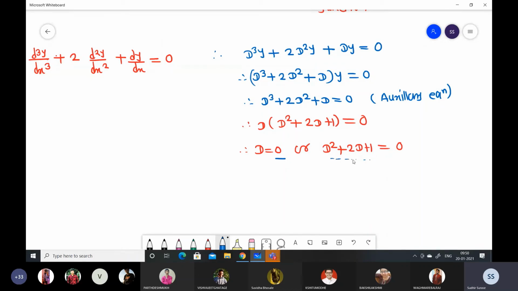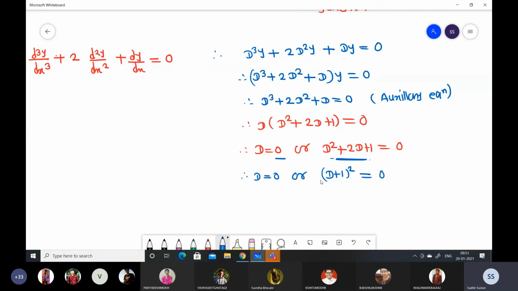Now can you tell me how to solve this further? Now I can see this is just the expansion of d plus 1 whole square, right? d square plus 2d plus 1 is equal to 0 is d plus 1 whole square.